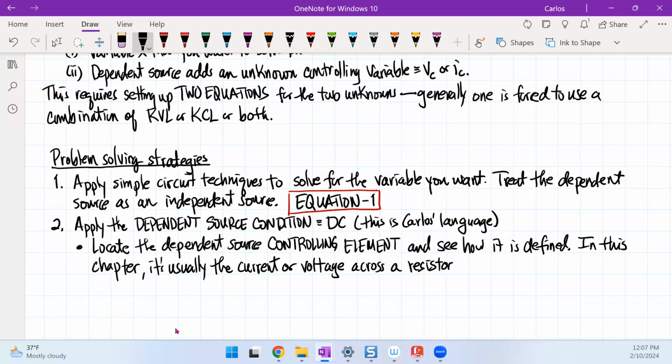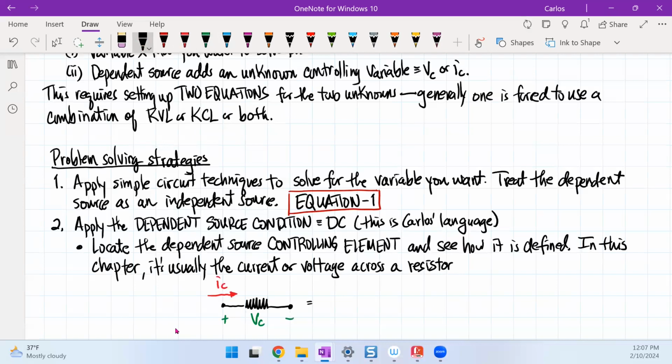So if I have a resistor, and I have, let's say, some controlling voltage, VC, or I could have a current running through the resistor, which I call IC.